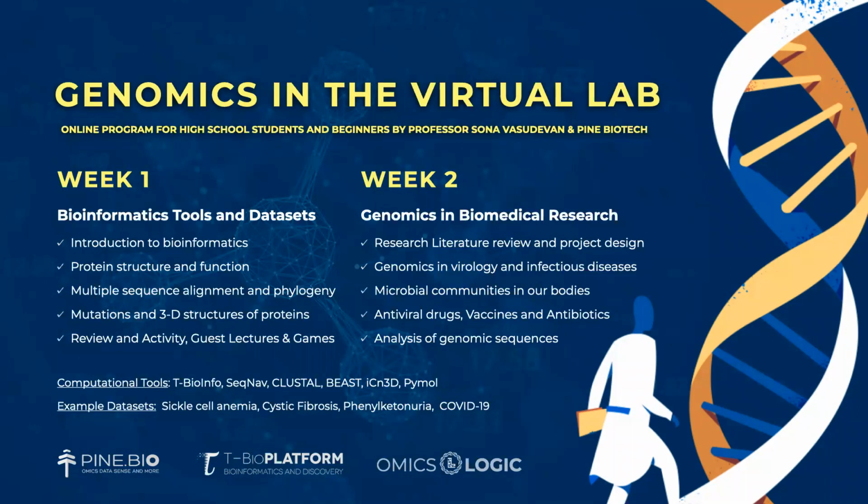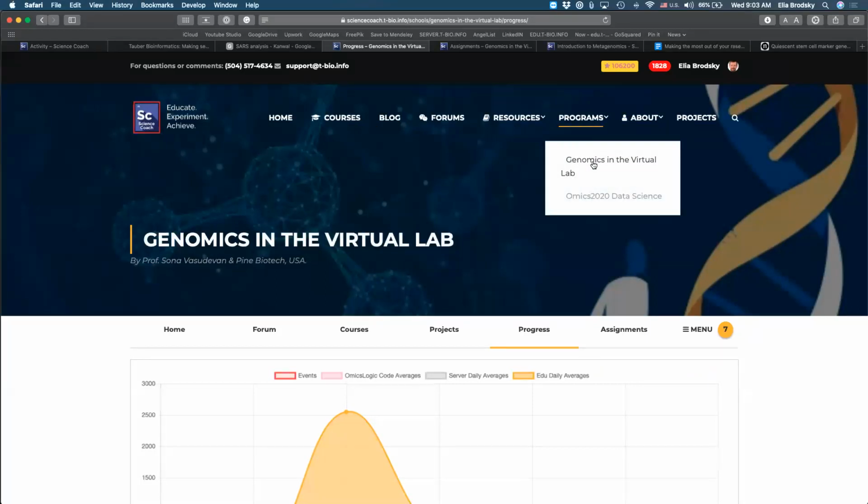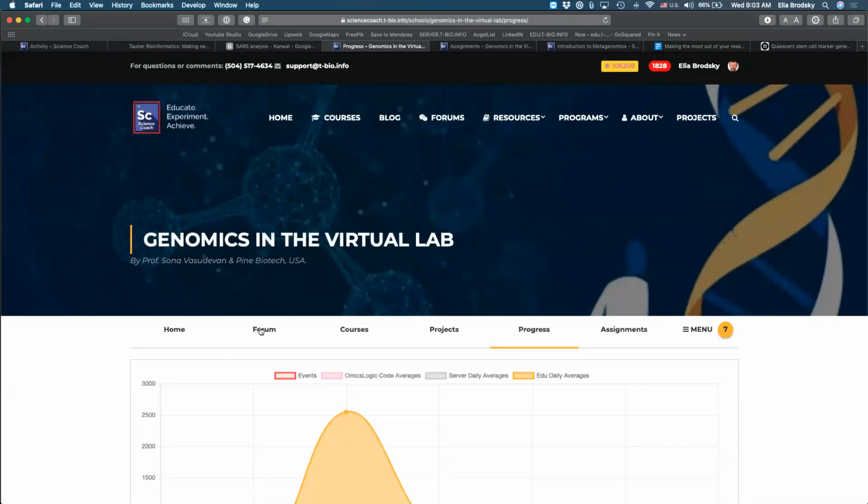Suparno is asking for the form, so let me just quickly show you where the form is. We have this program, Genomics in the Virtual Lab, and once you get here, you go to the forum.